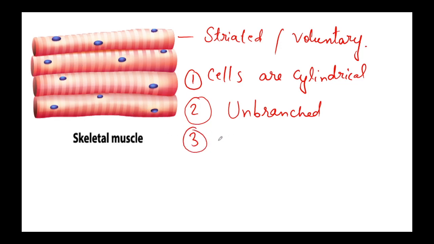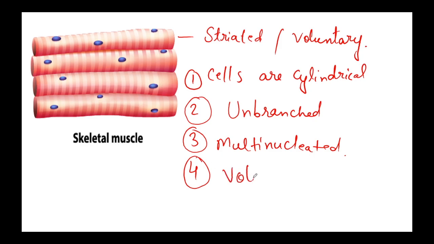Number 3, cells are multinucleated. What is multinucleated? Multinucleated is a condition where more than one nucleus is present. So nucleus is singular and nuclei is plural, right? So multinucleated means more than one nucleus is present. Number 4, such muscles are voluntary.